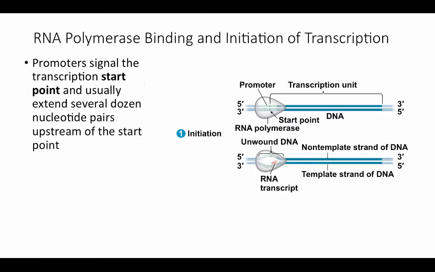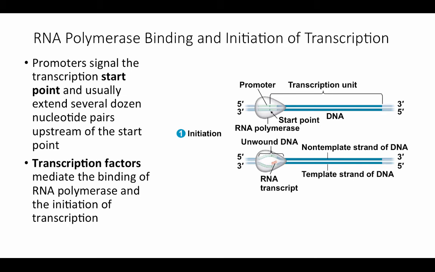So promoters signal the transcription start point and are usually going to be located several dozen nucleotide pairs upstream of the start point. When we talk about upstream and downstream, downstream refers to the direction of transcription, so from the promoter down to the termination point, and the promoter is going to be upstream, so in the opposite direction from where the transcript is actually going to start to be made.